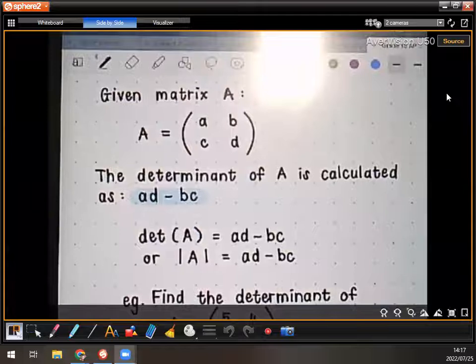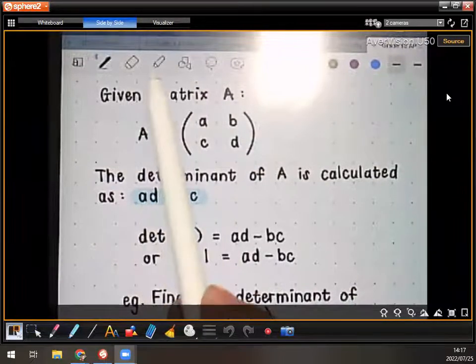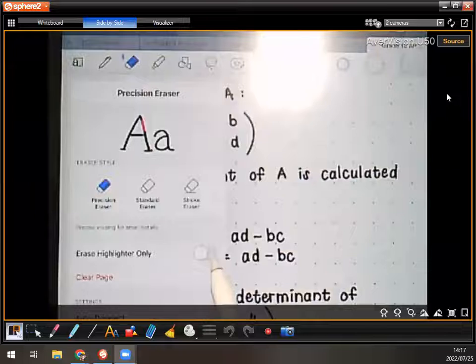Okay, so like I said, the determinant is a number. You can calculate the determinant of a matrix, and this is the formula, right? AD minus BC. Maybe I'm actually going to change this highlight a bit.